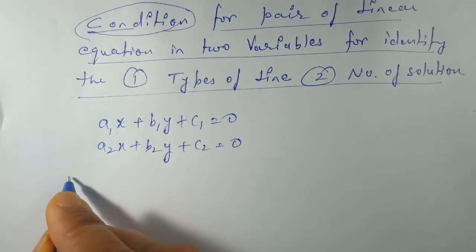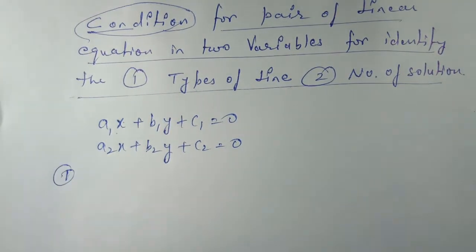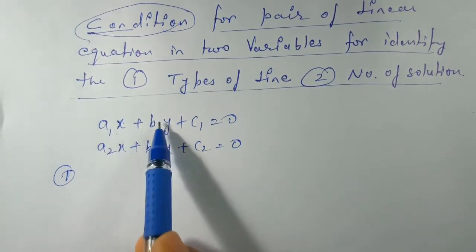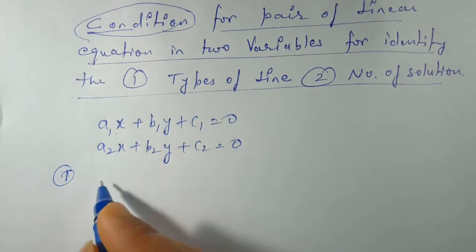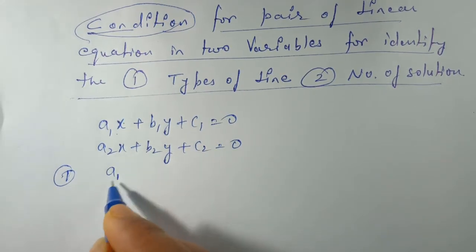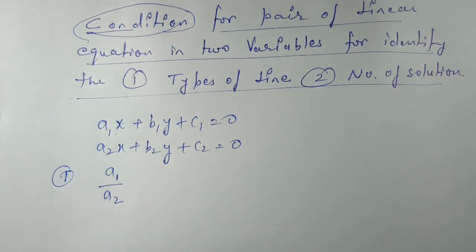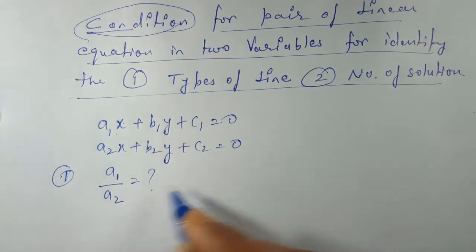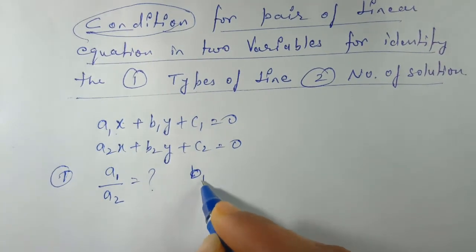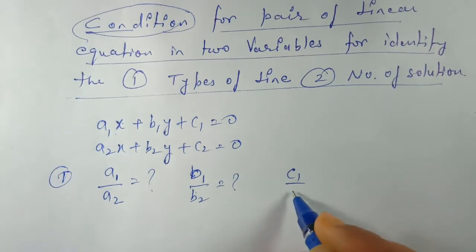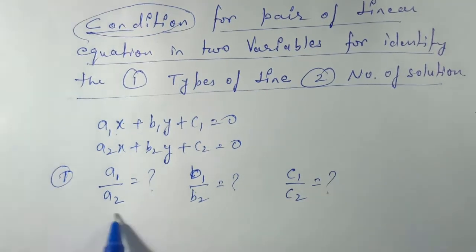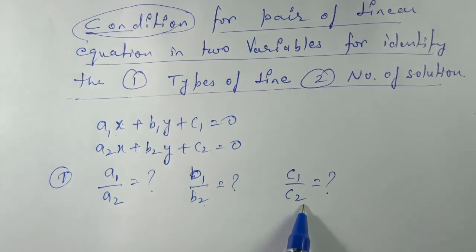We have to find some ratios between these coefficients or constant terms. First, the ratio of a1 upon a2, then b1 upon b2, then c1 upon c2. These three ratios are required.